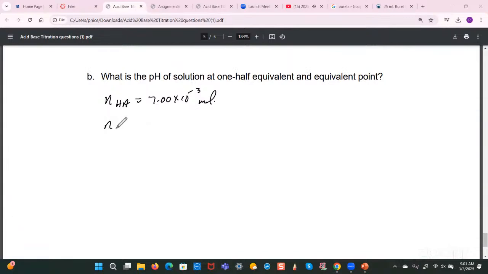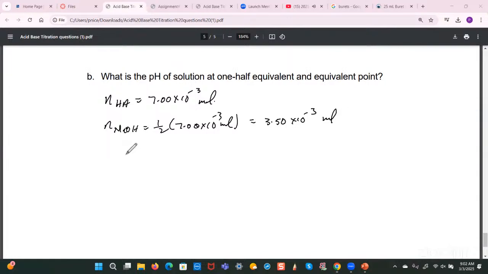Number of moles of NaOH will be half of 7.00 times 10 to the minus 3 moles, right? So that would be equal to 3.50 times 10 to the minus 3 moles, right? So that's halfway to the equivalence point.